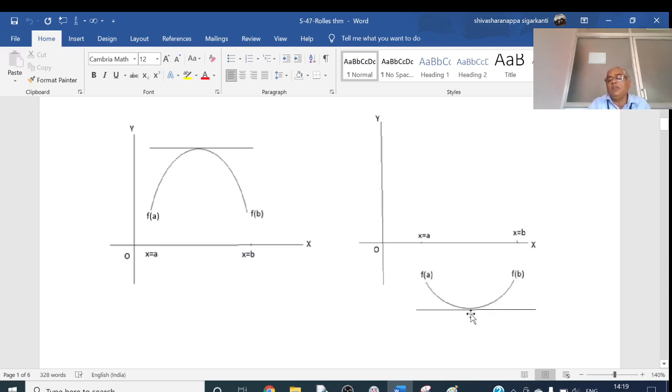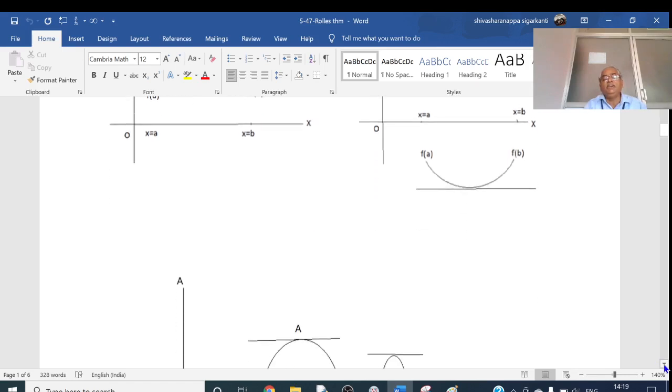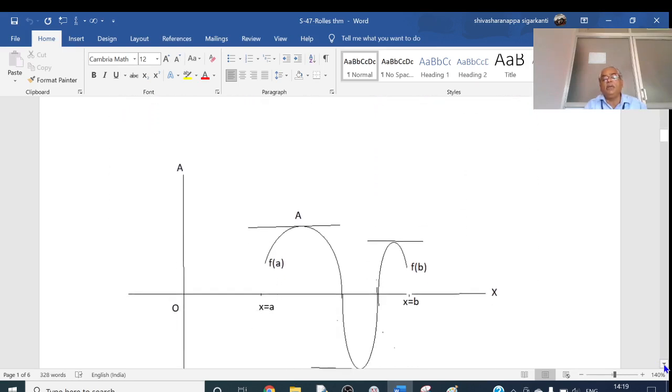And here we can observe that this is the point where we can draw the tangent parallel to the x-axis. That is, the slope of this tangent is equal to 0. That means here f'(x) = 0 at this point. That is, this is the point c where f'(c) = 0. And this point need not be only one point. There will be many such points.